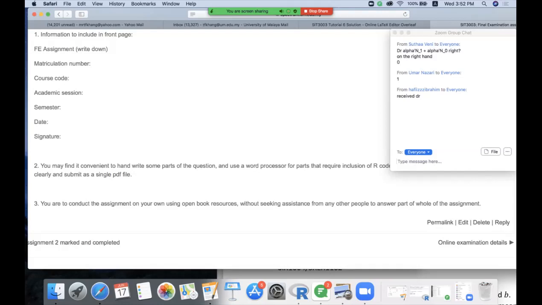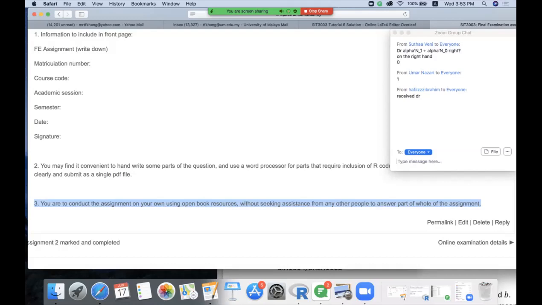And then finally, number 3, you are to do the assignment on your own. Even though it's open book, there is no communication between you, or asking somebody to do it on your behalf.